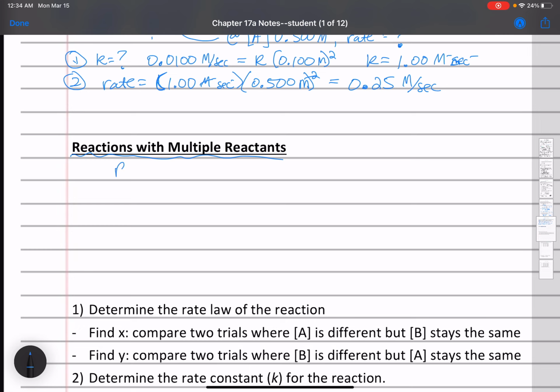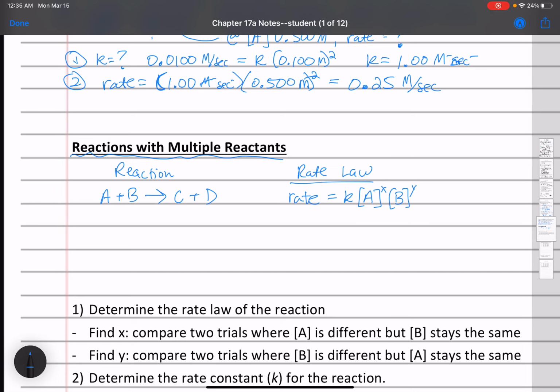So let's say some generic reaction where A plus B reacts to form C plus D. The rate law for this reaction is going to be the rate constant times the concentration of reactant A to its power, whatever order it is, times the concentration of reactant B to its power.